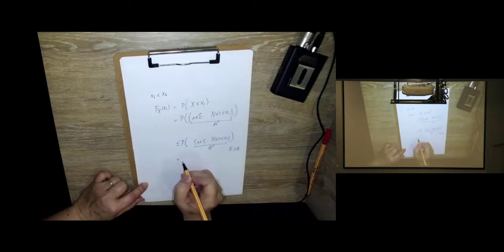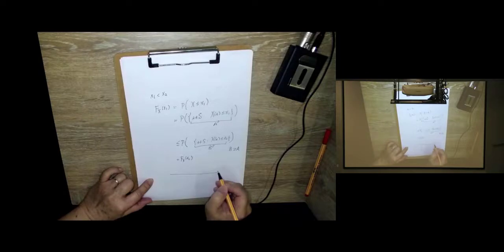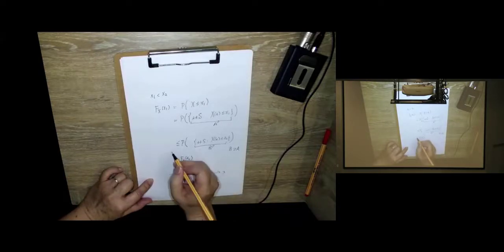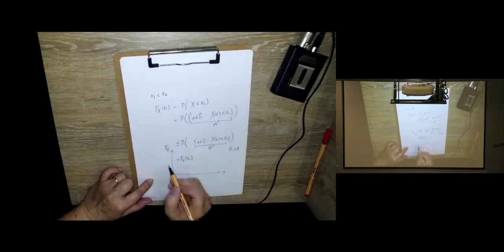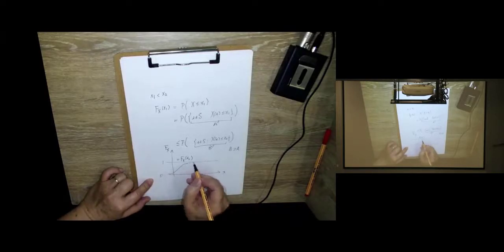And so this will be equal to, by definition, all right? So what it means is if you are observing how the function big F is, big F has always to be sandwiched between 0 and 1, and it is a non-decreasing function in this way.